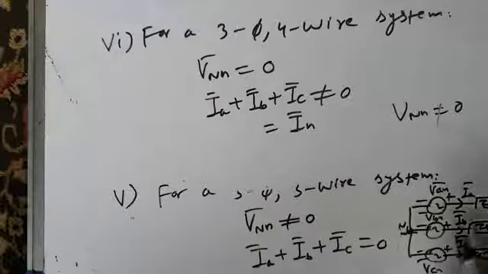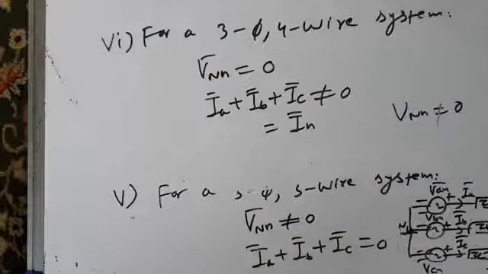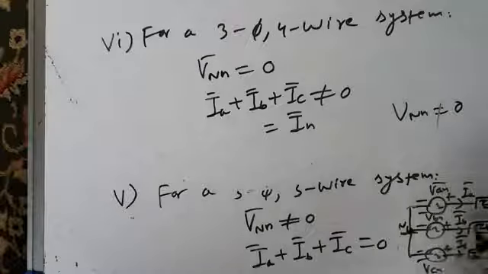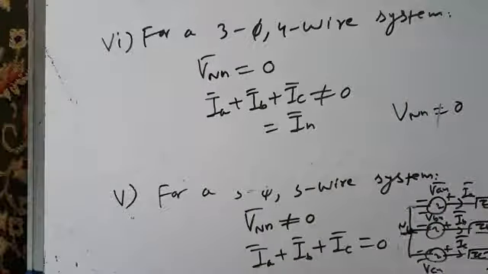Third possibility is that load impedances are balanced but source voltages are unbalanced. In that case also, neutral to neutral voltage is not equal to 0. We have found that. And finally, if source is unbalanced and load is also unbalanced, in that case also neutral to neutral voltage is not equal to 0.